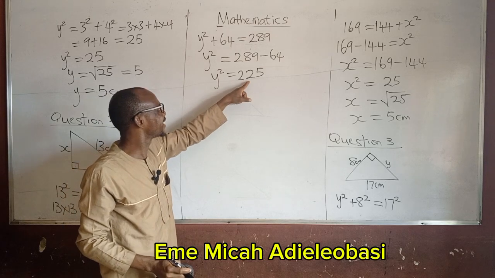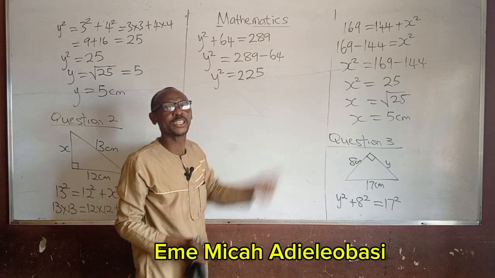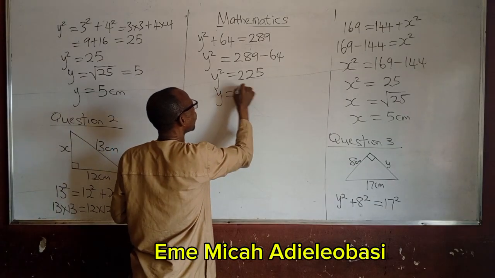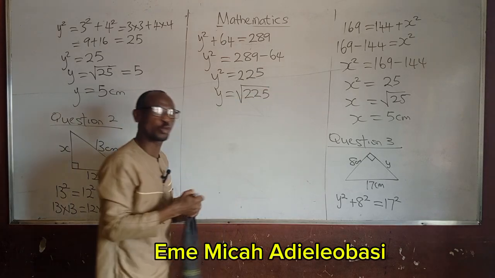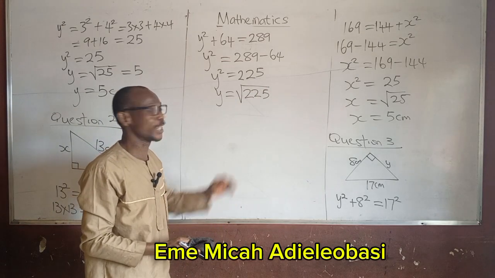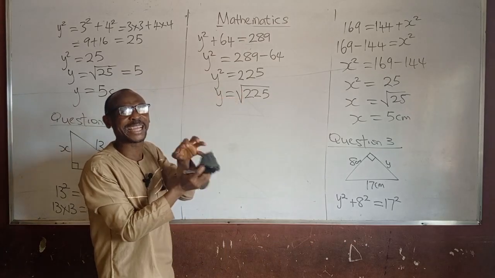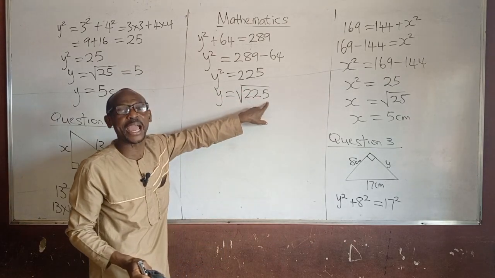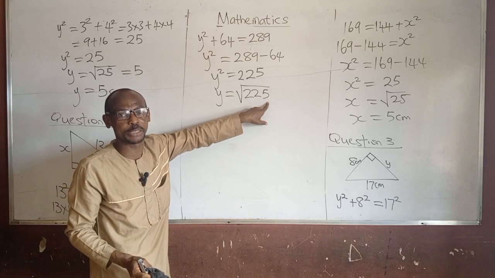How we will get the value of our y now? Is to find the square root of 225. So y is equal to what now? Square root of 225. What does this mean? Which value you go multiply by itself to give us 225? You fit find that value for your 4-figure table.